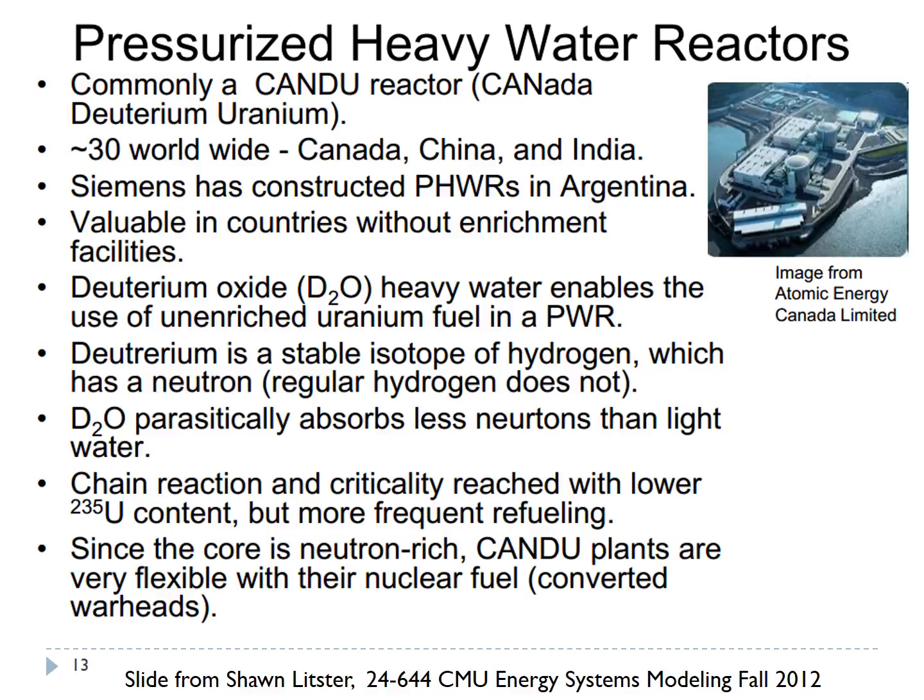And so, as I said before, CANDU is one of the examples of a heavy water reactor. There were about 30 of these worldwide as of 2012. The main thing to note is that from a fission proliferation point of view, these are safer because you can get away with a lower amount of uranium-235. So you can operate under amounts of U-235 that could not be turned into fissile weapons.